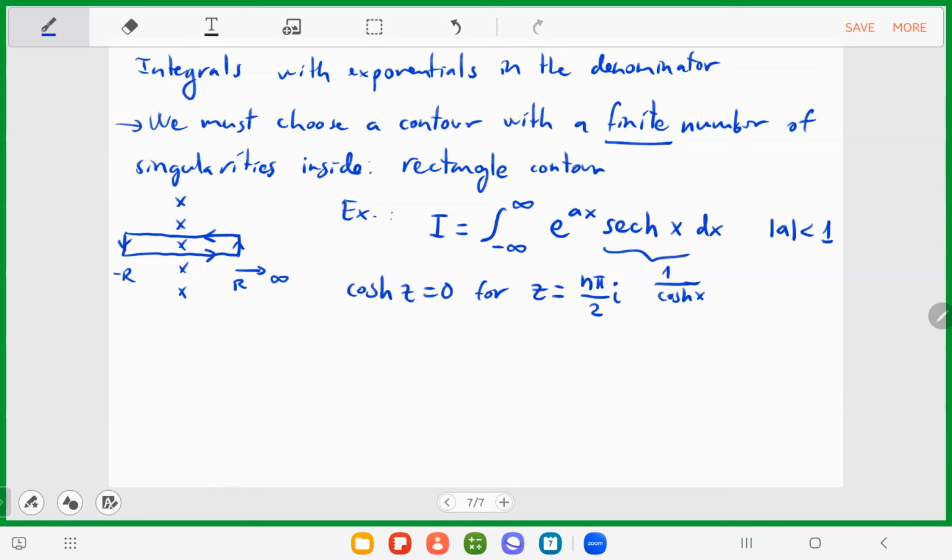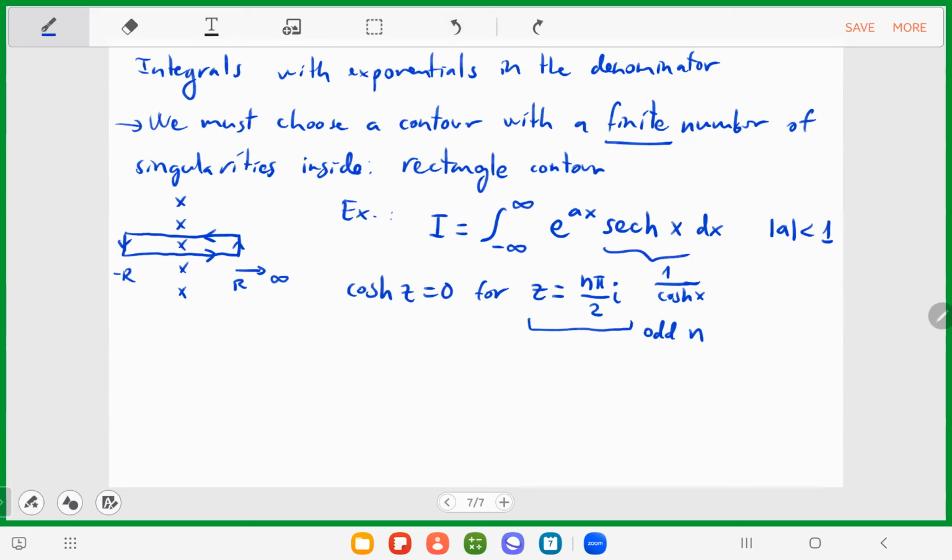So the zeros of the hyperbolic cosine are going to be singularities, all of them on the imaginary axis, only for odd n, not for all n. So for n equal 1, 3, 5, there will be pi over 2i, 3 pi over 2i, 5 pi over 2i. These are, like I was showing here, on a vertical line.